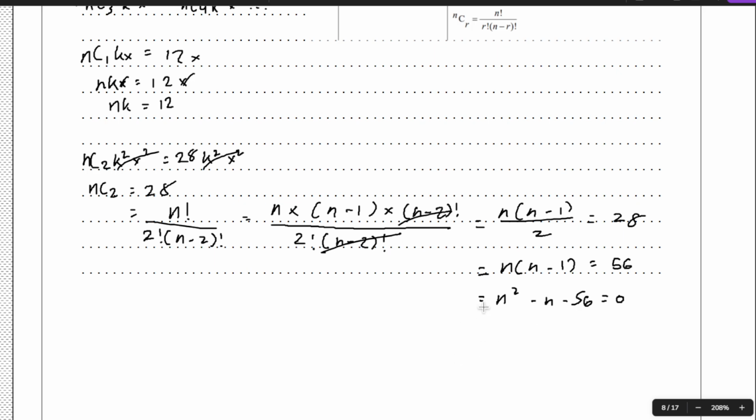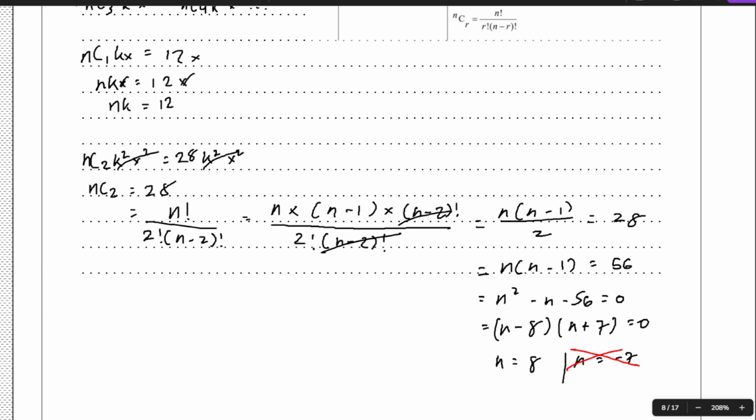So it would be minus 8 and plus 7: (n minus 8)(n plus 7) equals 0. So n would equal 8, or n equals minus 7, but this is not possible.